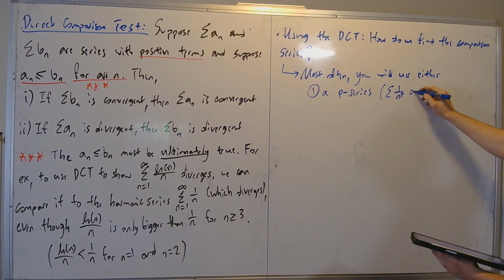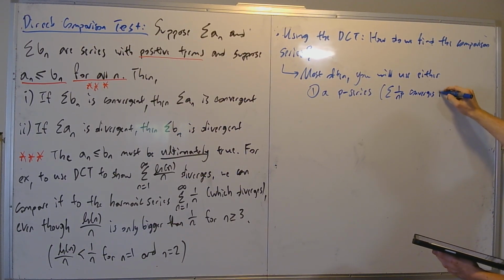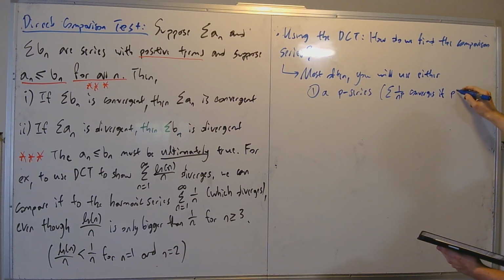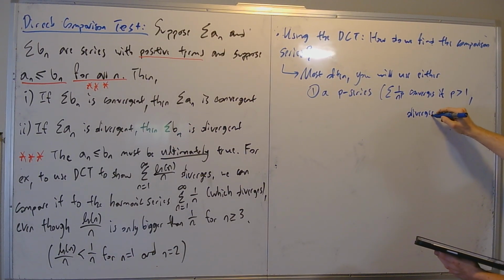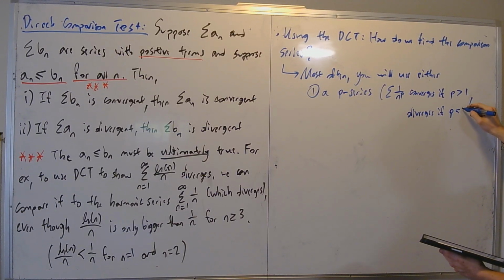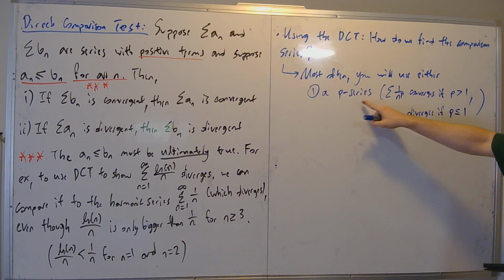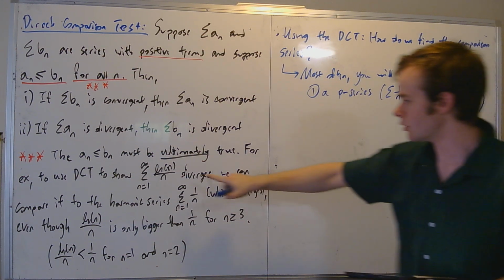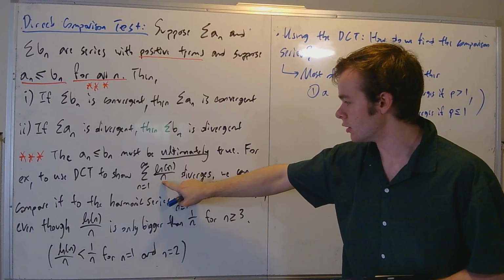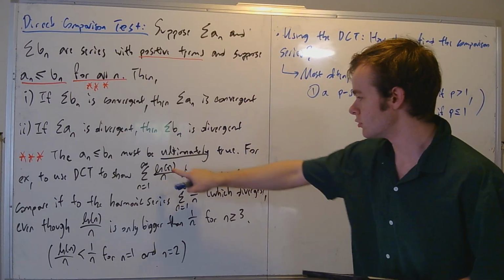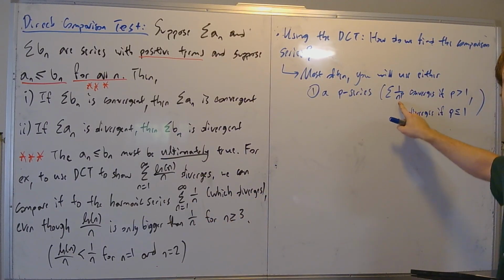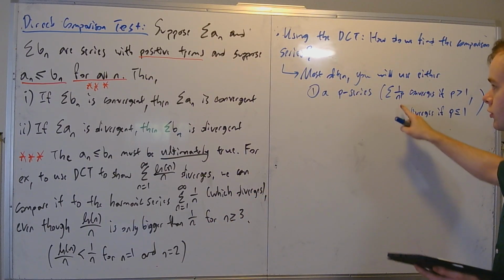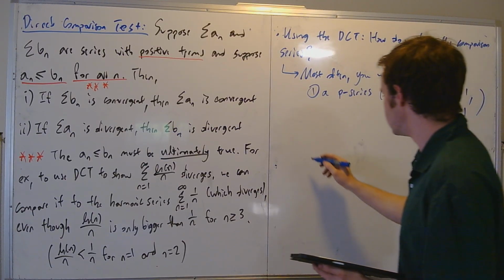And we said this converges if p is greater than 1, and it diverges if p is less than or equal to 1, right? So one of the tools is the p-series. We looked at this term right here and said that looks kind of similar to a p-series as long as we replace the numerator with 1, and then 1 over n is of this form, 1 over n to the p. So if we can get it to look like a p-series, that's probably something we should do.